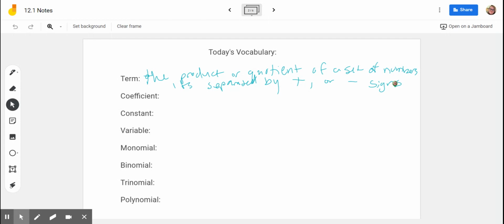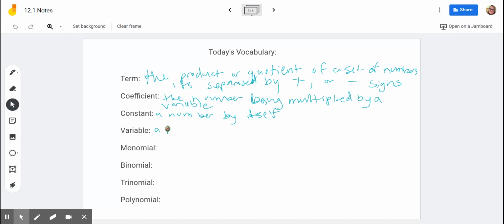Okay, a coefficient is the number being multiplied by a variable. Constant is a number by itself, and a variable is a letter that represents a number. Okay, so this is stuff that we talked about before.